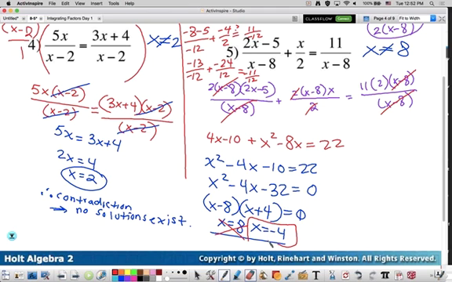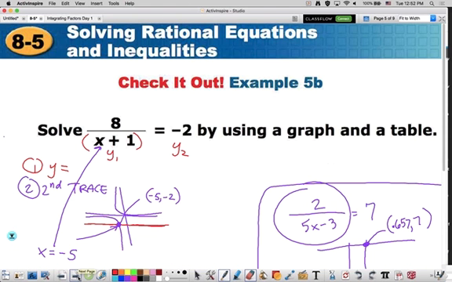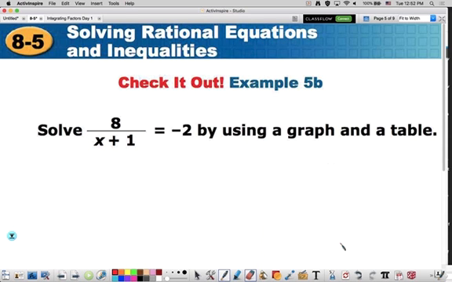Okay, so now we have to learn how to use our calculators a little bit more, which is always a good thing. I want you to pull out that graphing calculator so we can give it a little bit of a whirl.